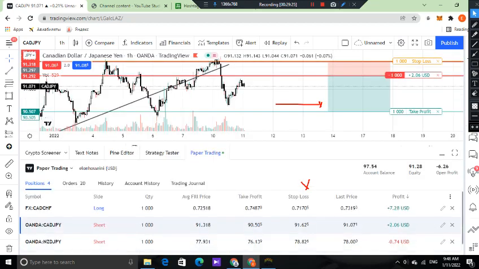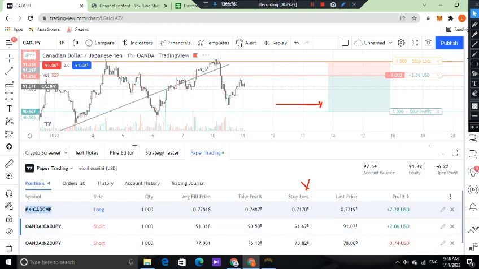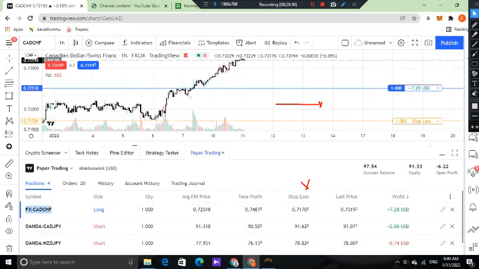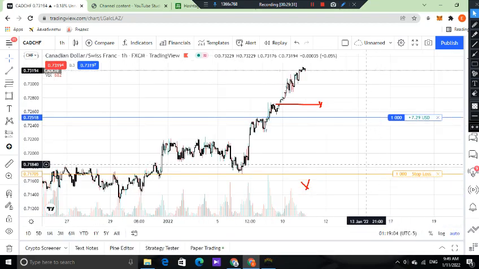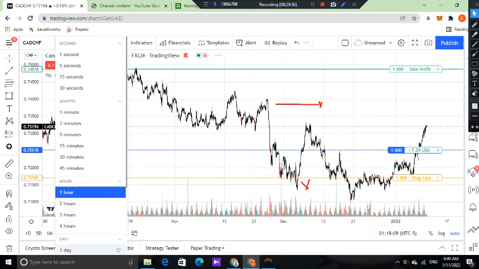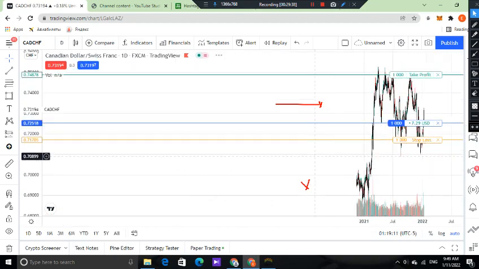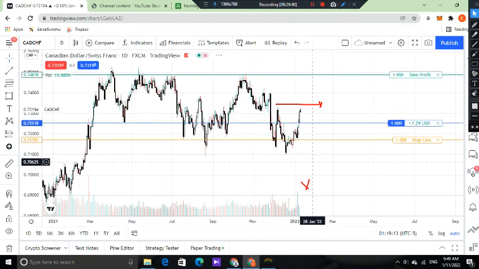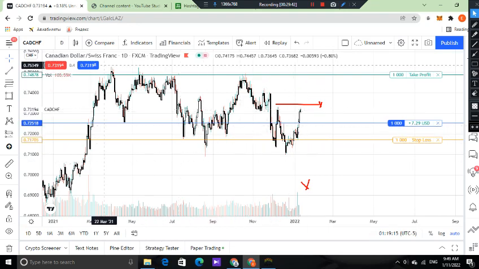Okay, what about CAD CHF? CAD CHF, we are in profit, as you can see, and actually we have this trading range here.